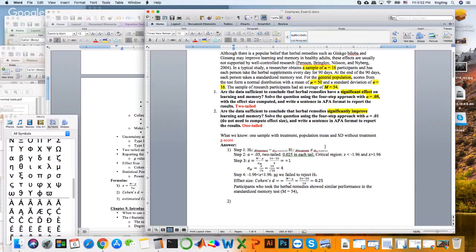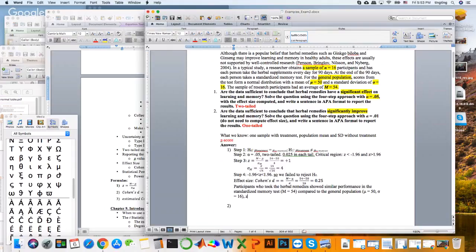So here we report the sample, and then we need to compare to the general population: mu equals 50 and sigma equals 16.